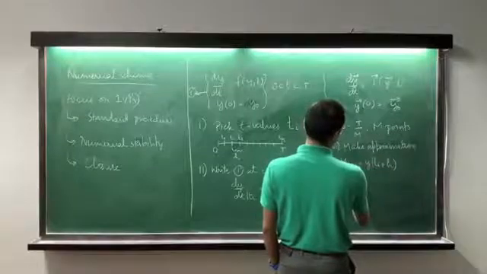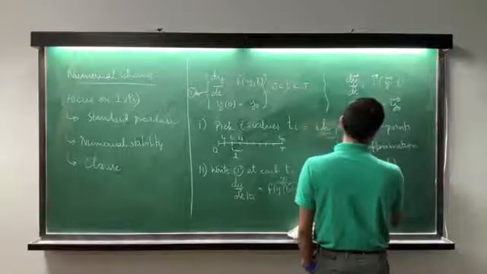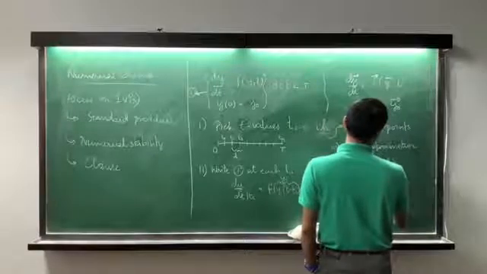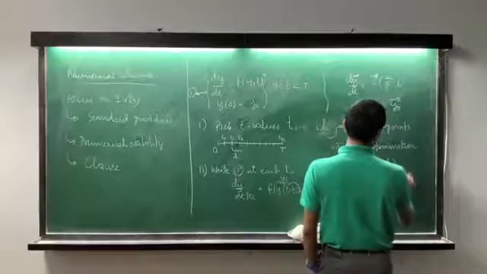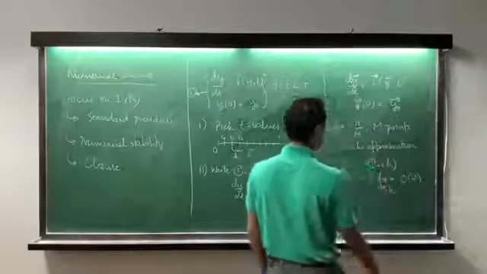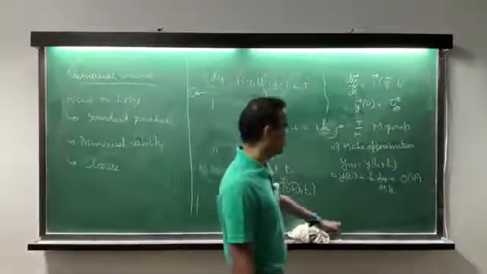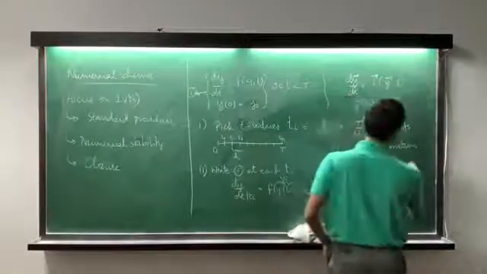That will be y of ti plus h times dy by dt at ti, Taylor series about ti of course, plus terms that are what are called order of h square. This is called the big O notation.